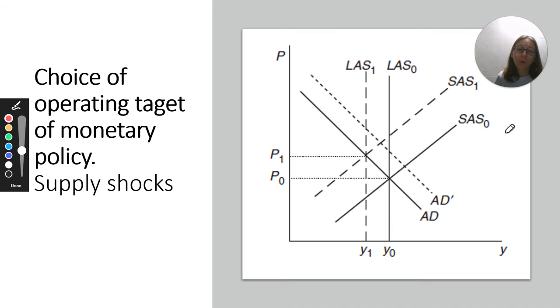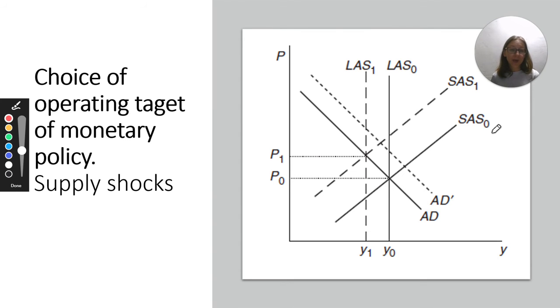Now let's think what happens next. Remember what we just said: the increase of prices leads to an increase of the demand for money, as people would be willing to have more cash. And so the increase of demand for money increases the interest rates.